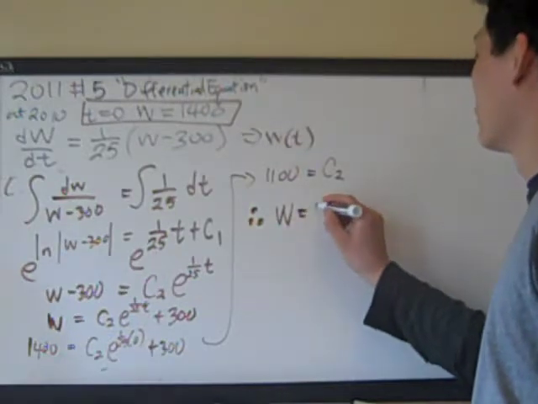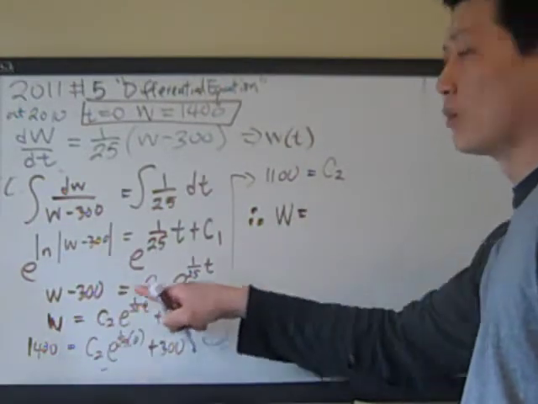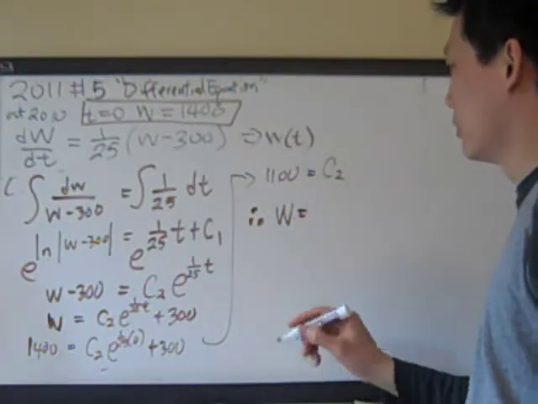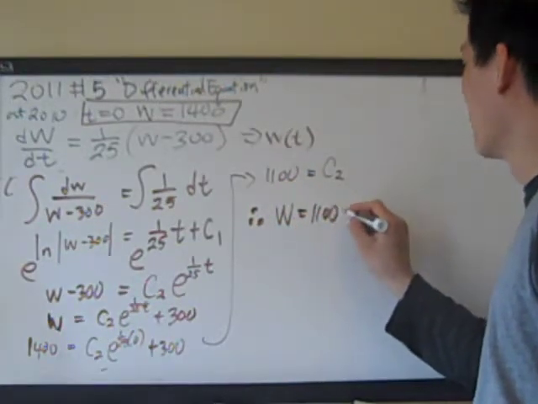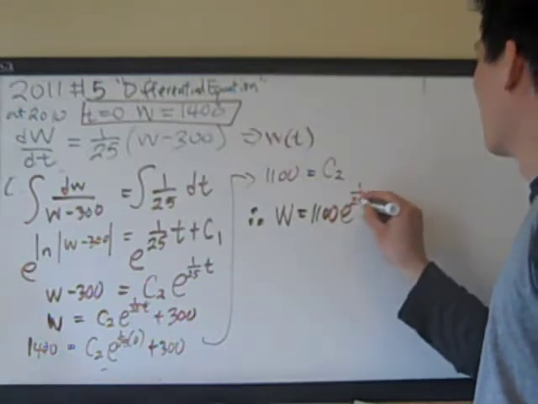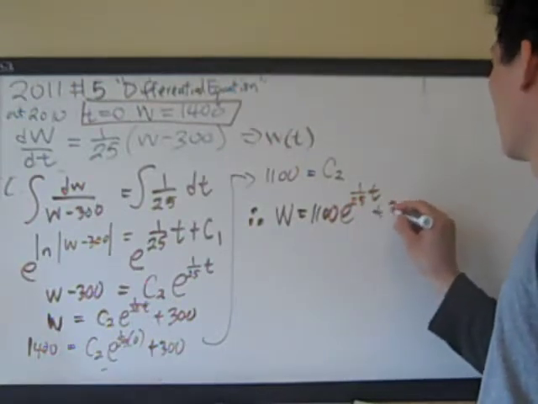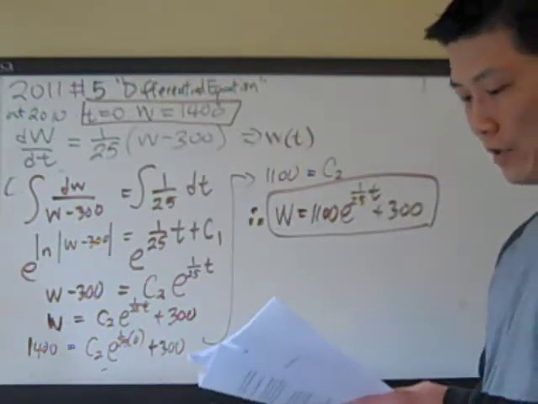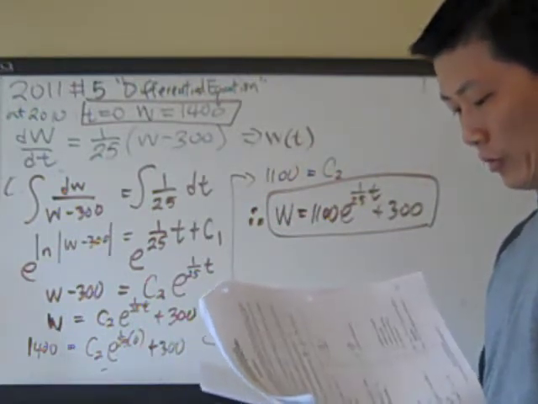So therefore, using the general equation and replacing C2 with 1100, w is equal to 1100 e^(t/25) plus 300. Here is your particular equation.